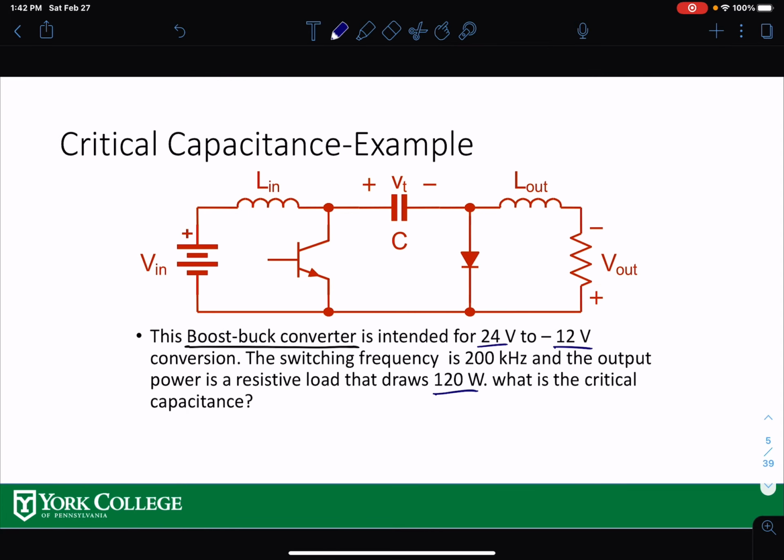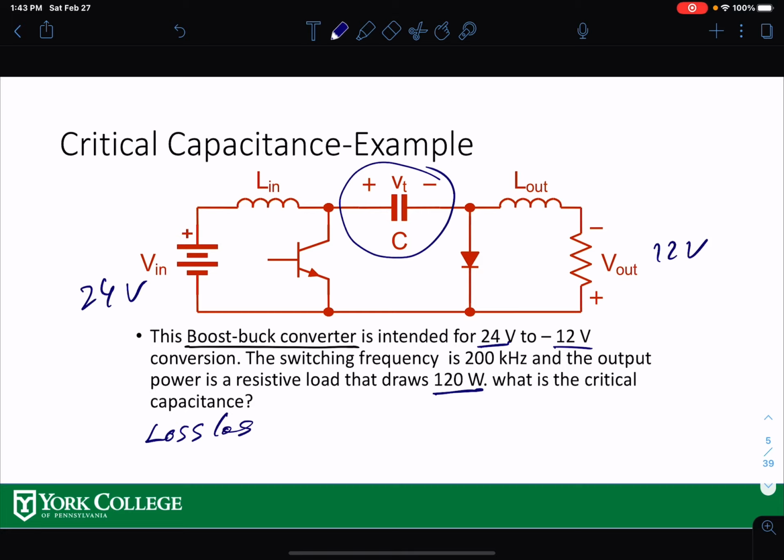All right, so this is the boost-buck converter over here. This is the energy transfer element, which is the capacitance. So we're looking at 24 volts in and 12 volts out, and your power is 120 watts, and we're assuming a lossless converter.